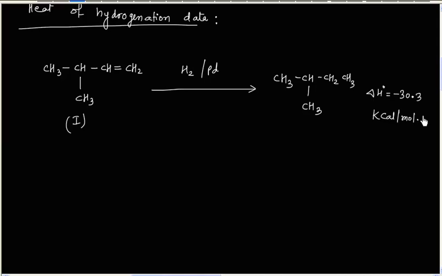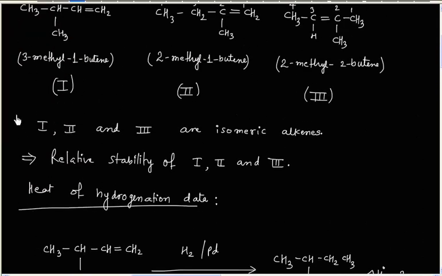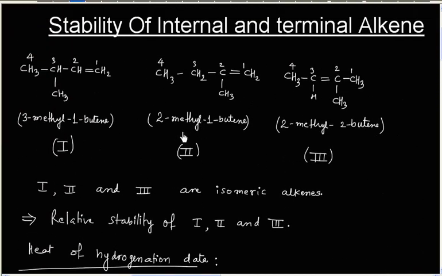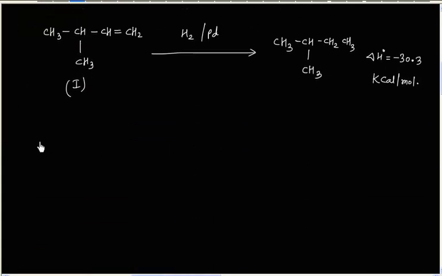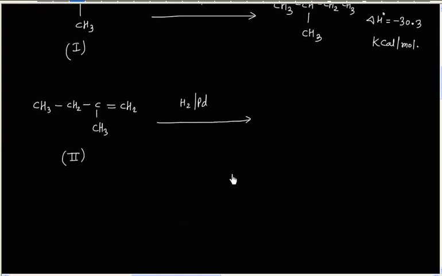Now let us hydrogenate molecule 2, that is 2-methyl 1-butene. If this is hydrogenated, once again we will get the same product.